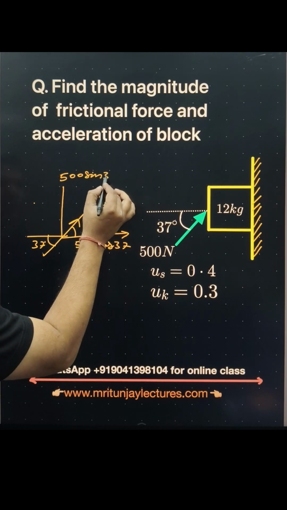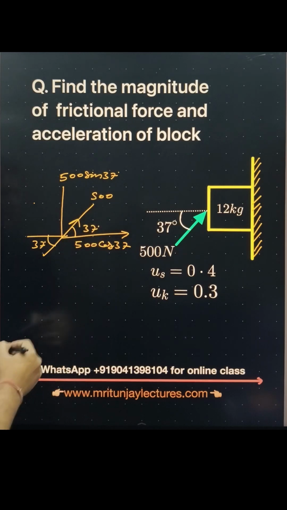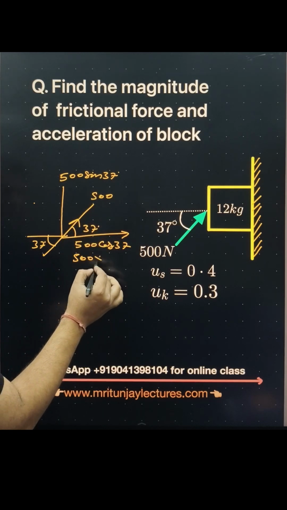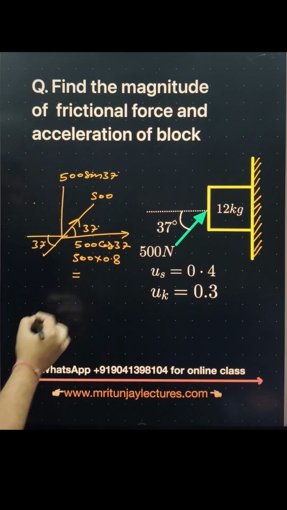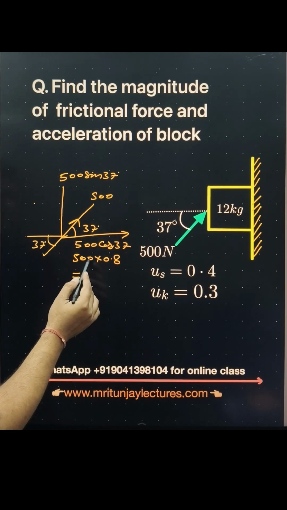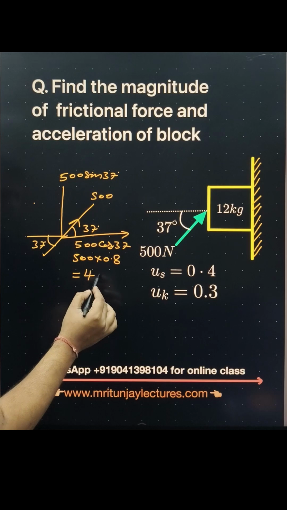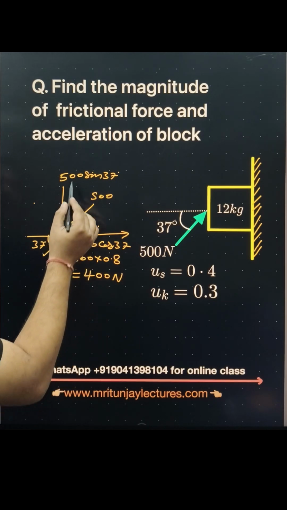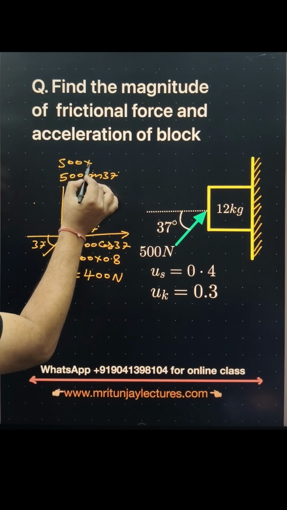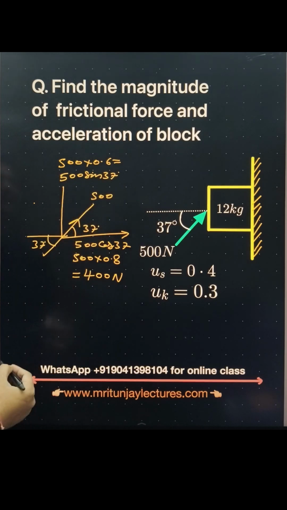After that, the component of 500 Newton along the x direction is 500 cos 37, and here 500 sin 37. Cos 37 is how much? 0.8. So 500 into 0.8 is 400 Newton. And now 500 into 0.6 is how much?